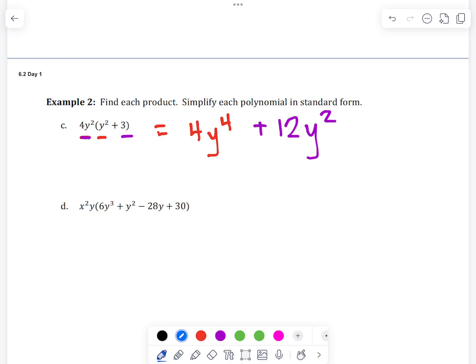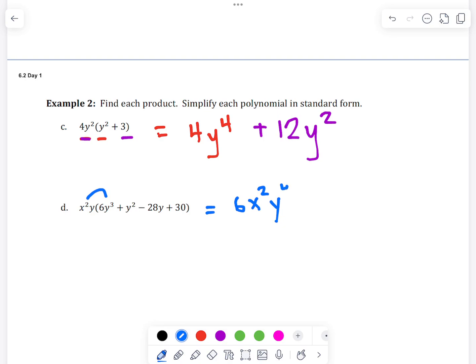Distribute again. We get 6x squared. Now we add the y to y cubed, giving us y to the fourth. Now we're going to distribute again. So plus x squared, and now we add the exponents.